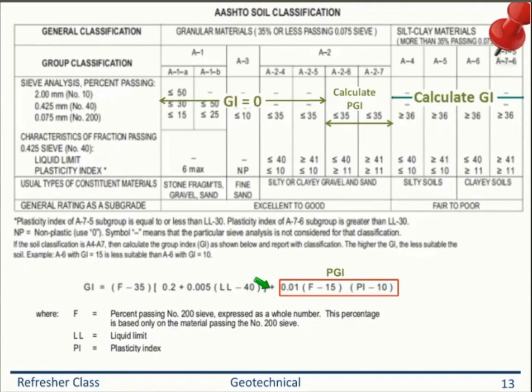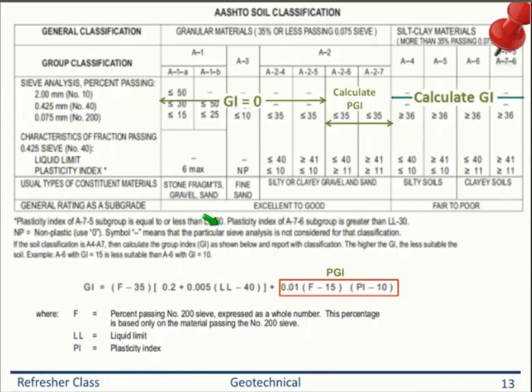A-7 has two subgroups, A-7-5 and A-7-6. A-7 becomes A-7-5 if the plasticity index of the soil is less than or equal to the liquid limit minus 30. In the example, we'll take a value and go over it.